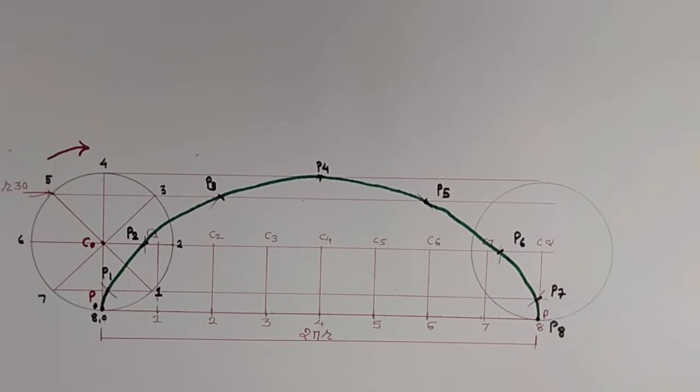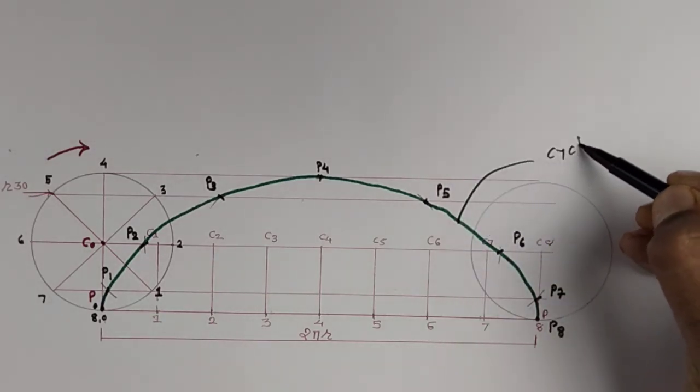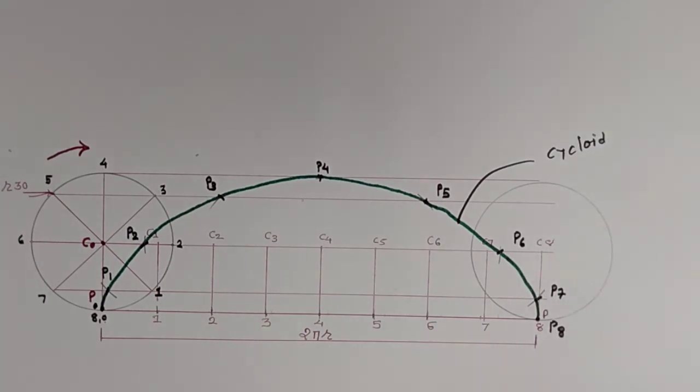It is called a cycloid. As per definition, if your point P is on the circumference of the rolling circle at the contact between the rolling circle and the straight road, you always get the path of point P as a cycloid.